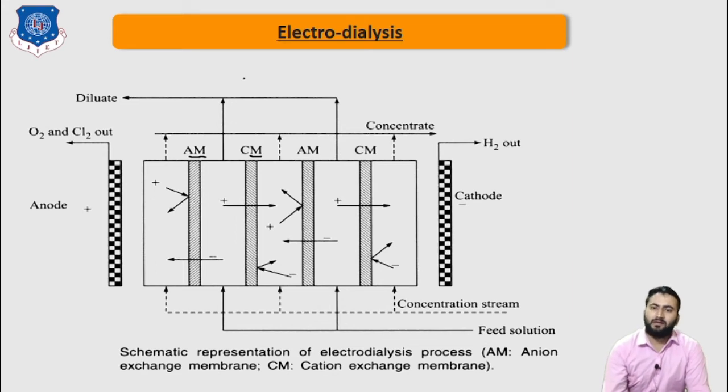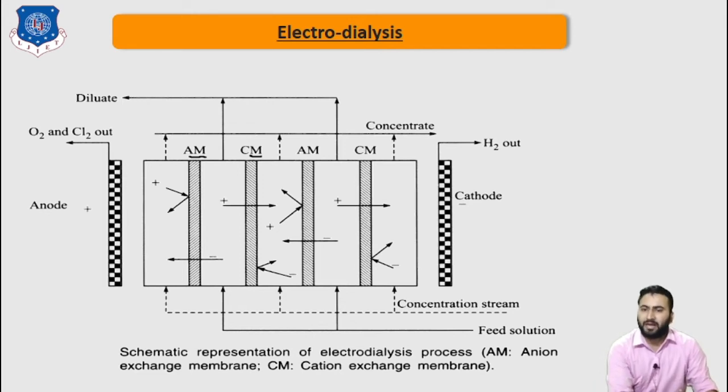As a result, two different solutions are produced inside this stage: one more dilute and the other more concentrated than the feed solution. Since the membranes used in electrodialysis can selectively transport ions having positive or negative charge and reject ions of opposite charge, useful concentration, removal or separation of electrolytes can be achieved.